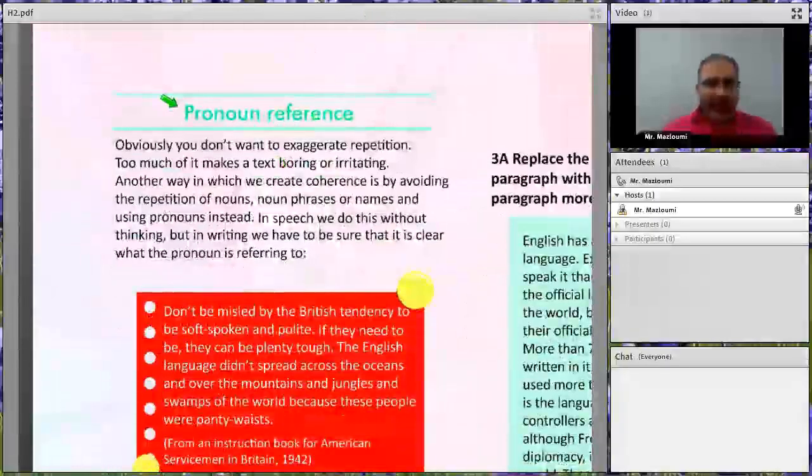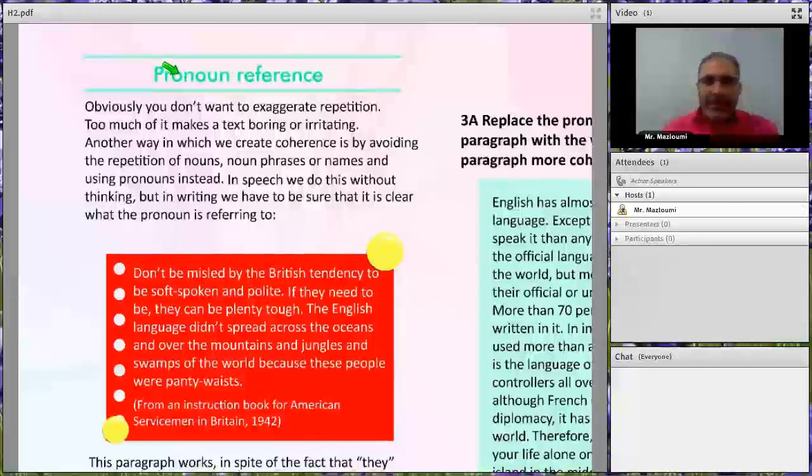So number 2 on page 11 is pronoun reference. Another way to achieve coherence in writing is by the use of pronouns. Pronoun reference means using pronouns to achieve coherence in writing, especially in paragraph writing. Obviously, you don't want to exaggerate repetition.